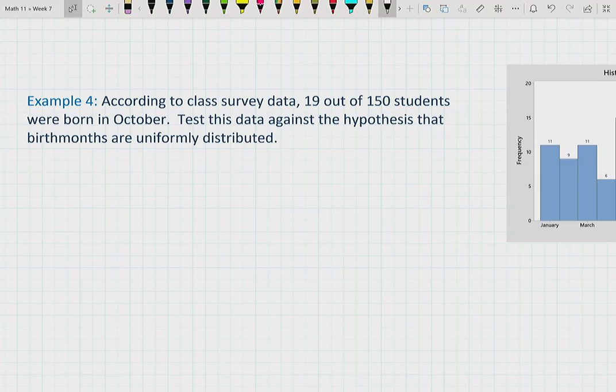Is that a fluke, or is something going on in January that results in a bunch of October babies? Well, actually, okay, so I'm going to phrase the question very carefully. Here's the question I'm asking about October.